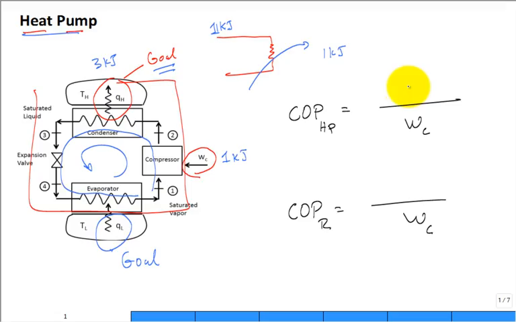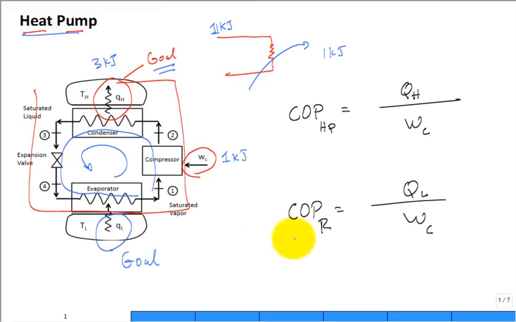For the heat pump, we desire a large Q delivered to the high temperature, and for refrigeration, a large Q taken out of the low temperature. All right. What is the relationship between these two COPs? That's the relationship. Let's go ahead and establish that.